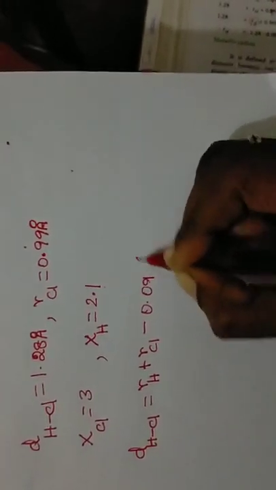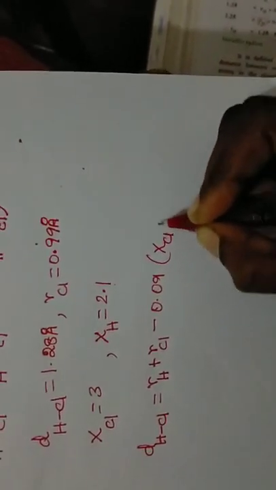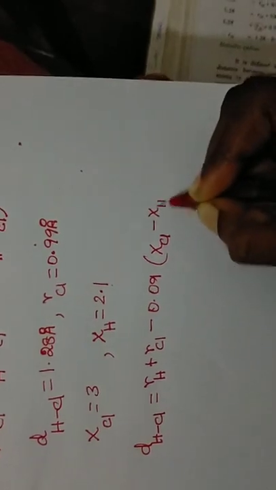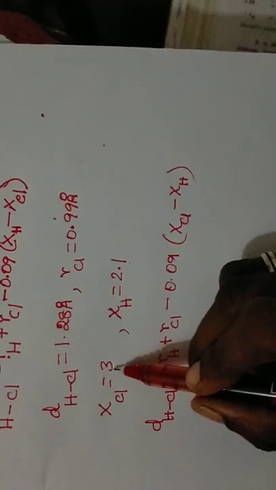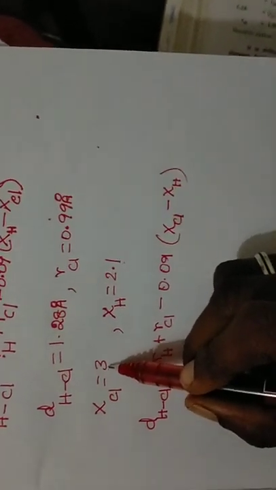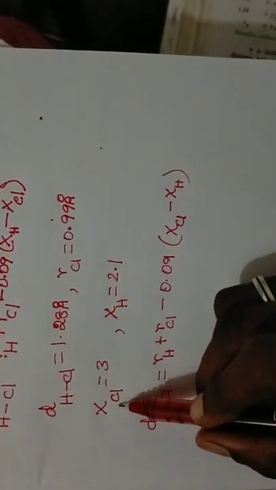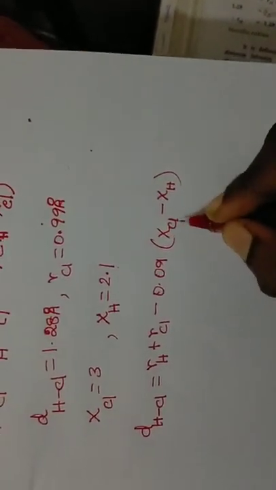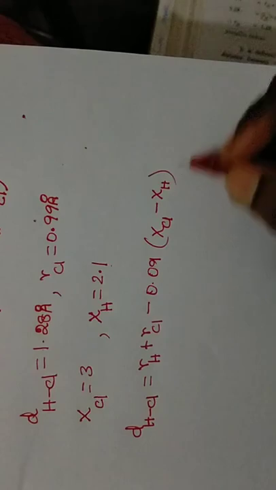So first you write D_HCl equal to RH plus RCl minus 0.09 times XCl minus XH. Which one is the greater value? 3 is greater, so it is XCl, that's why we write XCl minus XH.